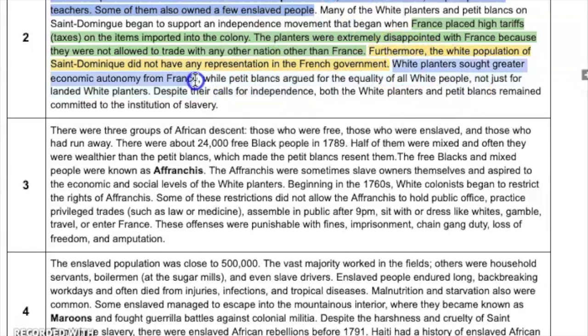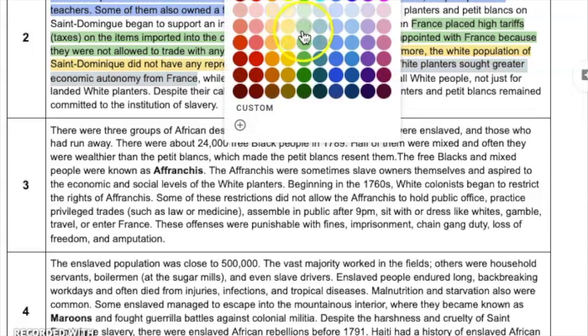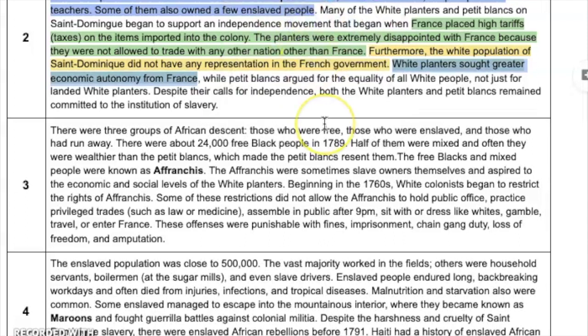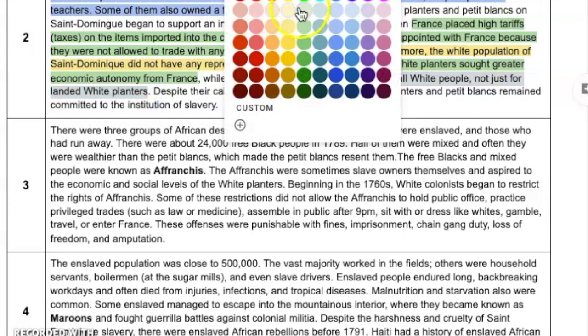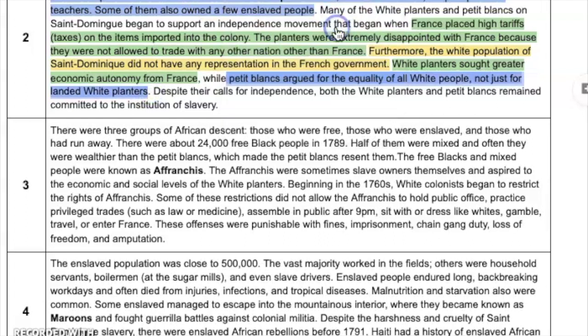So we know white planters, their main reason for revolt was an economic reason. They wanted their own economy. While the Petit Blancs, who are a little bit lower class, but still are able to work and make money in society, and some even have enslaved people, are fighting for more rights for land and equality for all white people. This is a social cause.